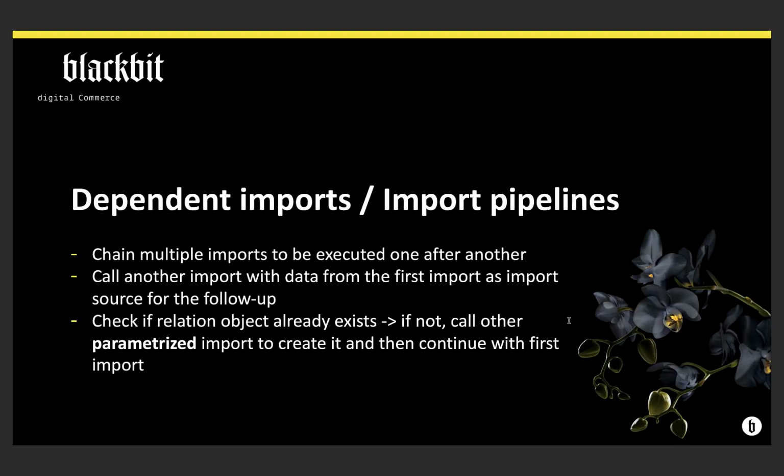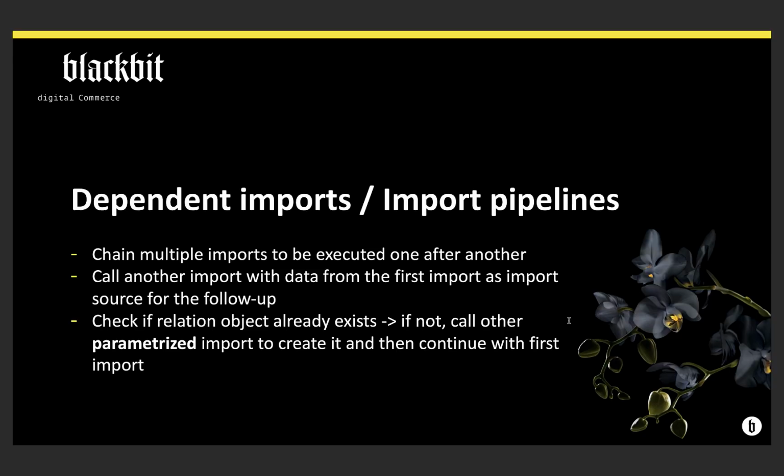And another thing is that you can check if a relation object already exists, and if not, call a parameterized import to create it. So back to our manufacturer and product import, we could run the product import first, and when we recognize that the manufacturer object does not exist yet, we could call the manufacturer import to only create this one missing manufacturer object.